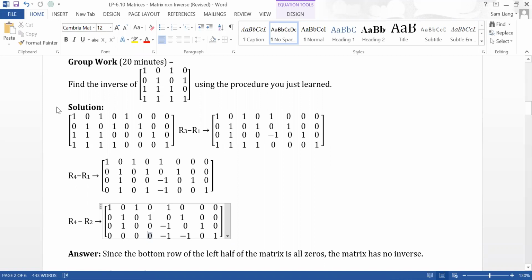So that's how we do matrix operations, right? You don't have to change the row that you're multiplying. So like R3 minus 3R2, you wouldn't have to change R2, right? So you only change one of the rows.